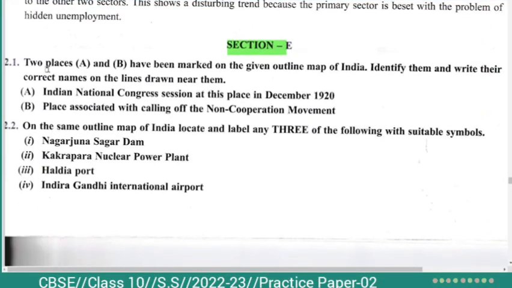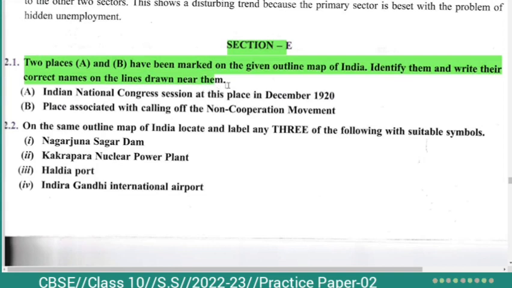Section E, 32.1. Two places A and B have been marked on the given outline map of India. Identify them and write the correct names of the lines drawn near them. A is the Indian National Congress session at the place in December 1920. That is Nagpur.